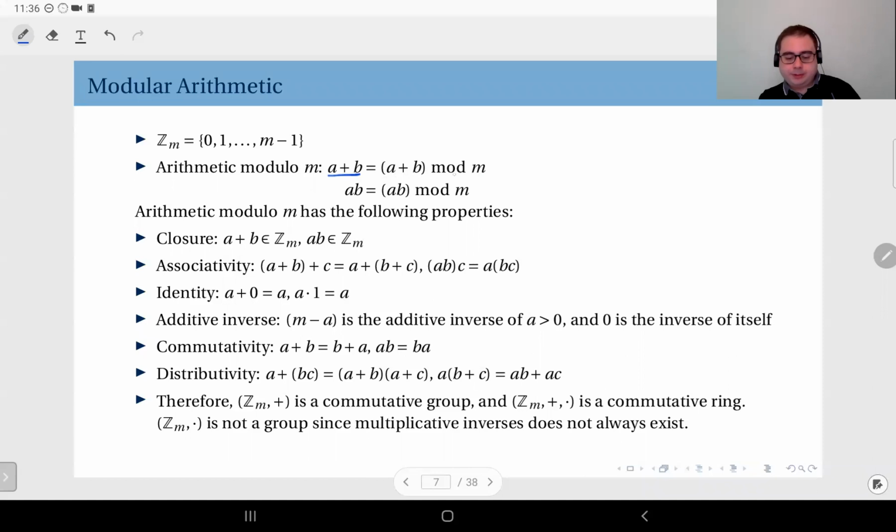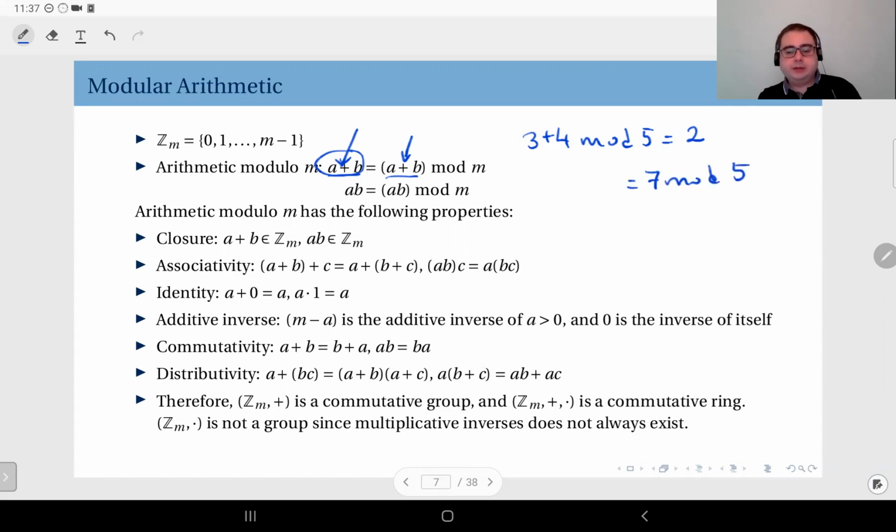So a plus b in this arithmetic is equal to a plus b modulo m. Now, this addition is modular addition, and this addition is the normal addition we all know, okay? For instance, 3 plus 4 modulo 5 is going to be equal to 2, because that is simply 7 modulo 5.